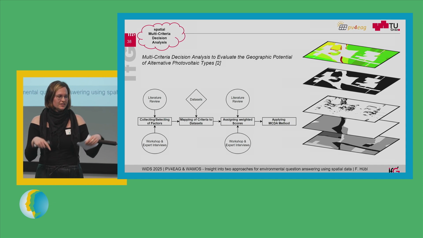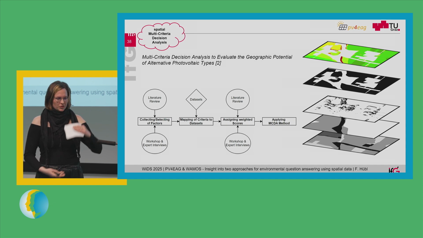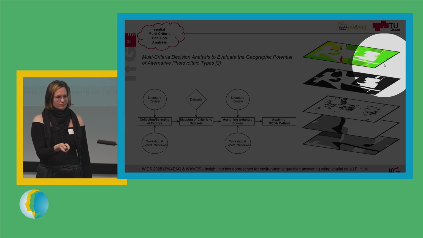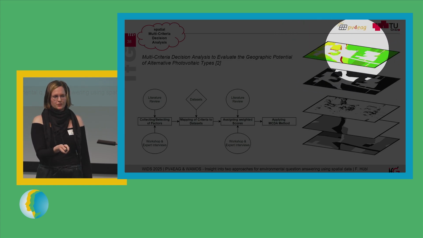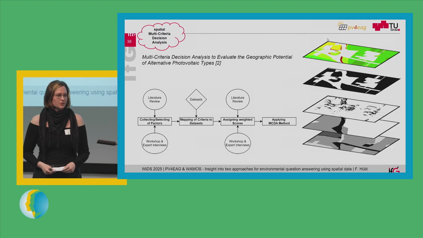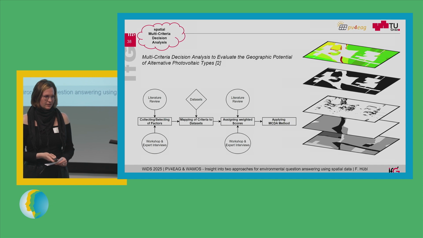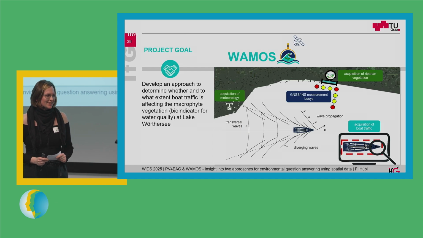So at each raster cell we have a certain weight score, and then we put everything together. In the end, we have this MCDA score here, with green areas for suitable and red for not suitable. That was an insight into the photovoltaics project.